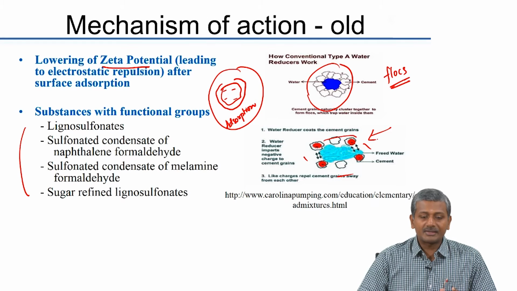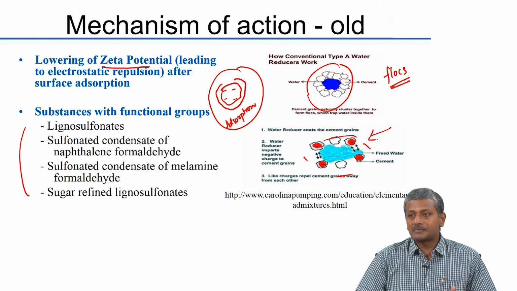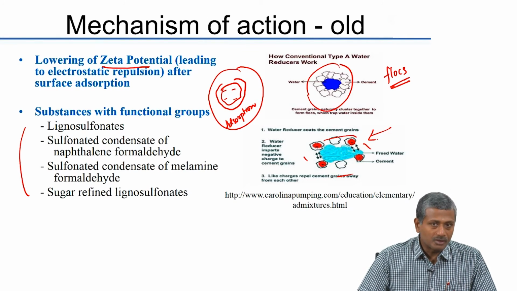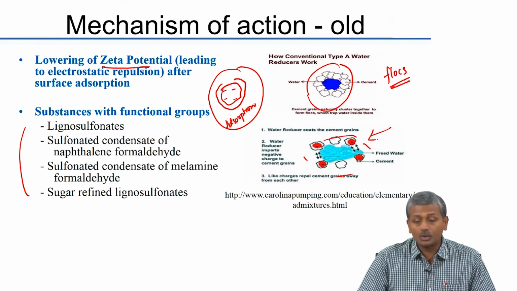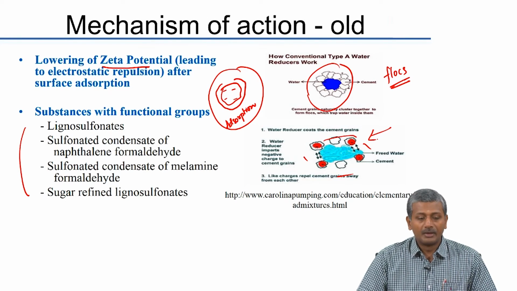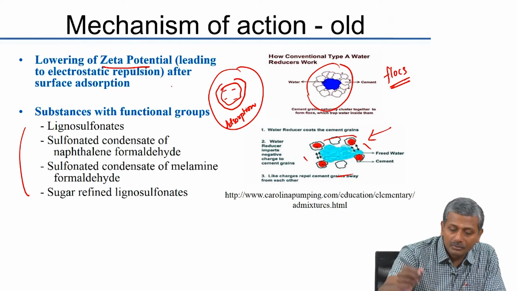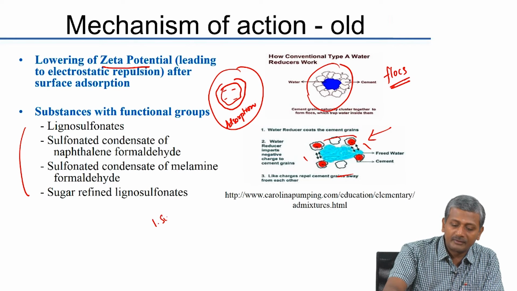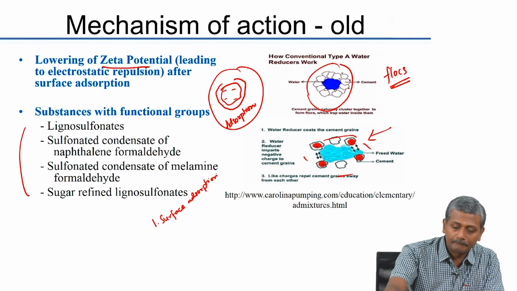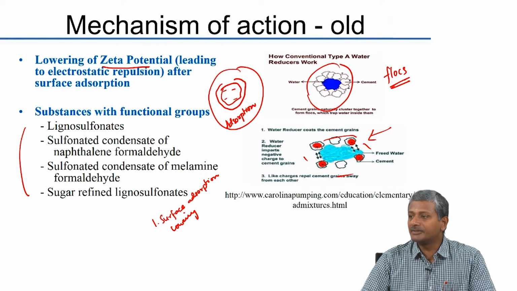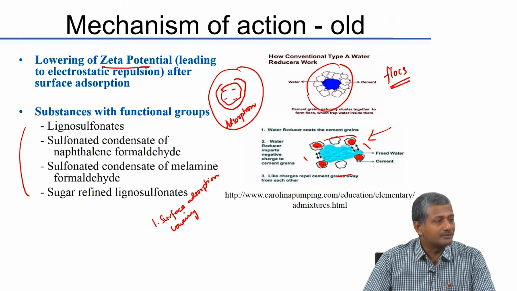Okay? So that is the mechanism of action of substances which have functional groups like lignosulfonates, polynaphthalene sulfonates or sugar refined lignosulfonates. So first process is surface adsorption. Second is lowering of zeta potential, that means the charge on the surface becomes more and more negative. Okay?